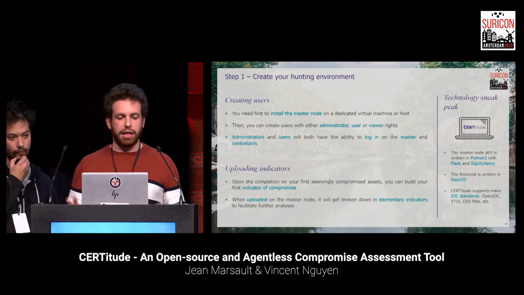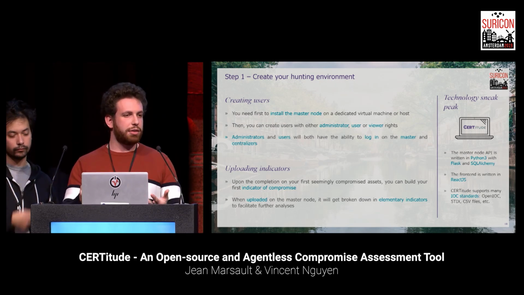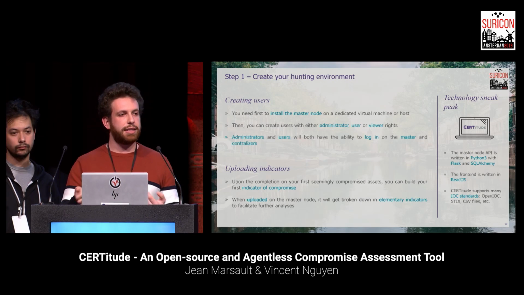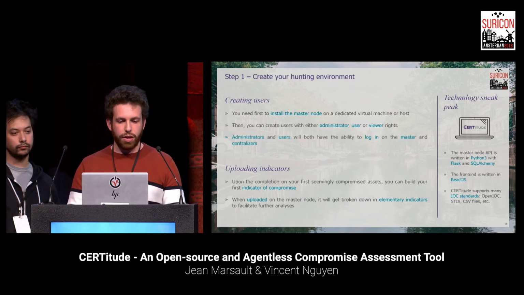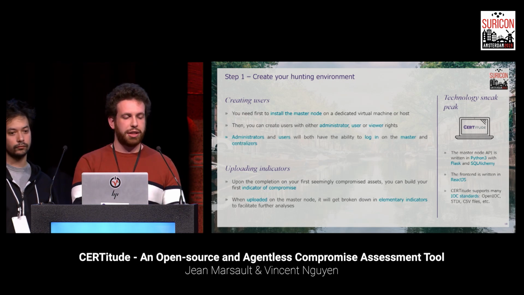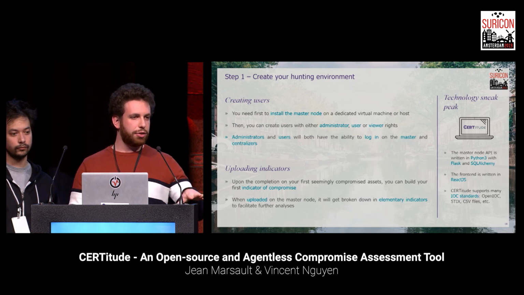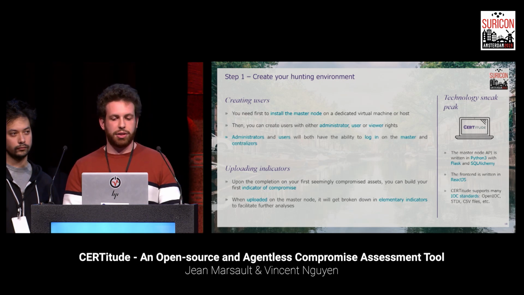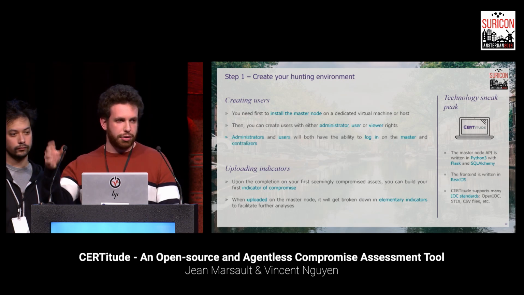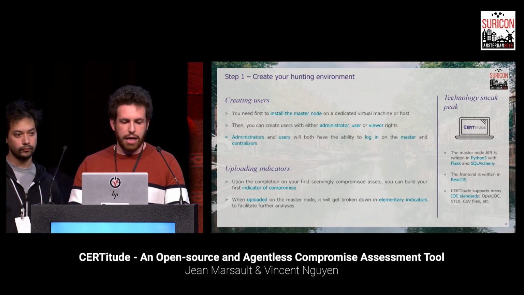And you will have the basic viewer rights, which will be, for example, given to your client just to access the result dashboard on the master node. What is important to notice is that only the administrator and the users will be able to log in on both nodes. The master node will be available to everybody because this is the reporting node, but all the technical nodes, the centralizers, will not be available to your client.